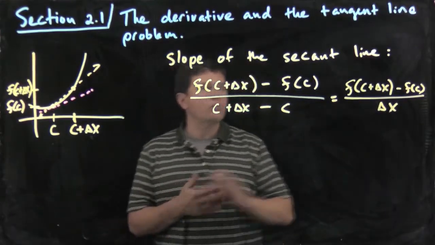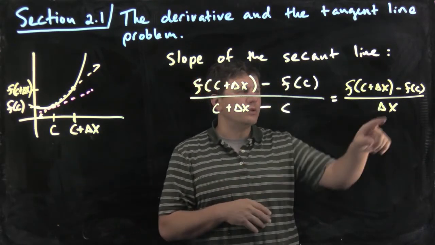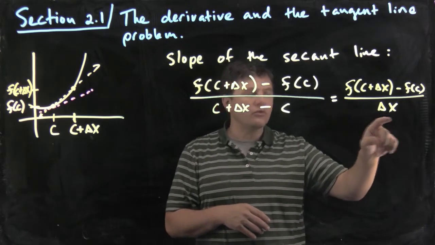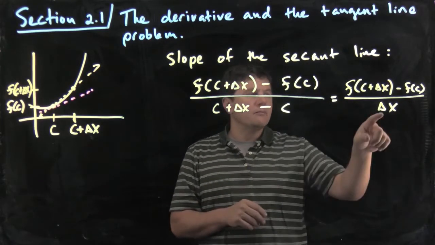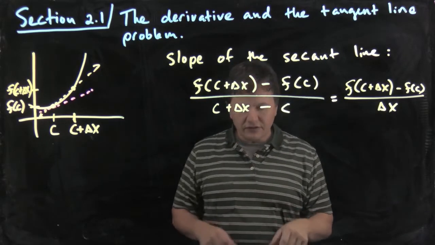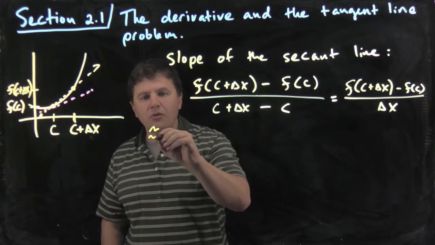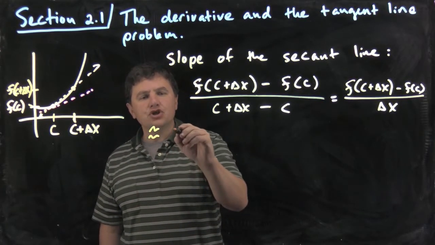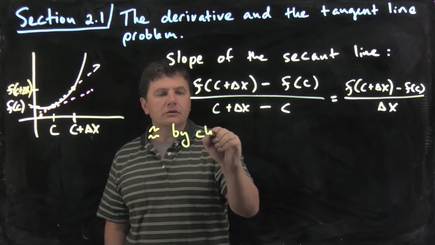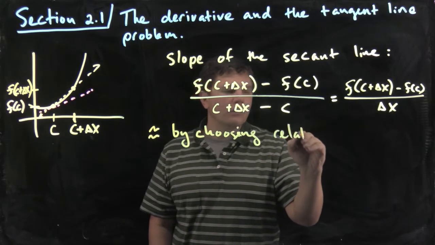When we started Chapter 1, we used this to approximate the tangent lines, and what we did was we chose delta x's that were smaller and smaller. So we can approximate this by choosing a delta x that is smaller. Let's write that. We can approximate the slope of our tangent line by choosing delta x relatively small.